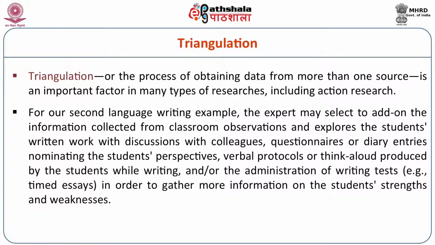For our second language writing example, the expert may select to add on the information collected from classroom observations and explore the students' written work with discussions with colleagues, questionnaires or diary entries, nominating the students' perspectives, verbal protocols or think aloud produced by the students while writing, and/or the administration of writing tests like timed essays in order to gather more information on the students' strengths and weaknesses.